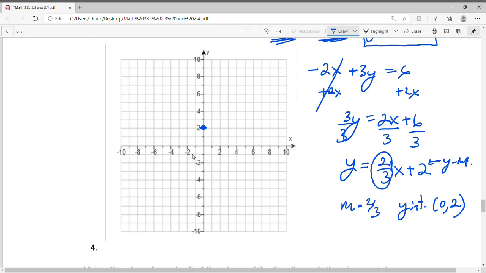The 2 is our rise, so we'll go up 2, and the 3 is our run. We'll go to the right 3. And here is our graph. The domain and range is going to be the same. It's negative infinity to infinity for the domain and negative infinity to infinity for the range.